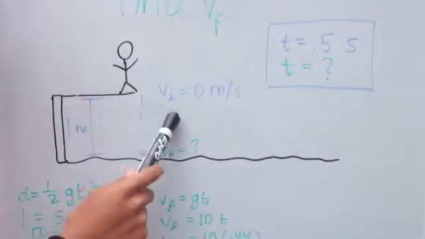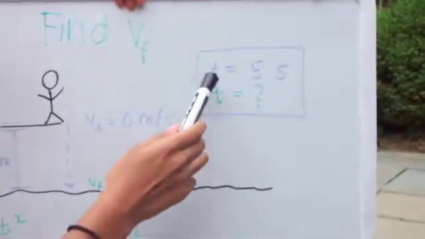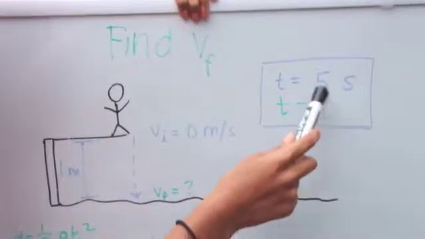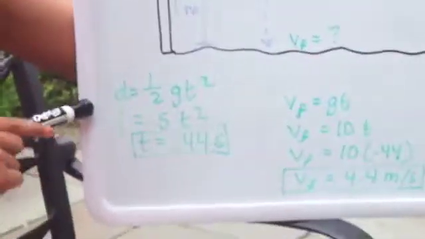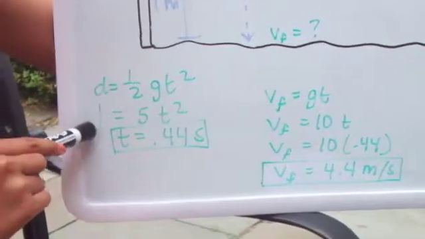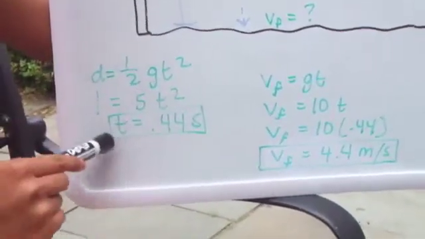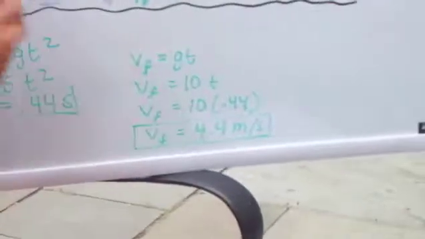Her initial velocity is 0 meters per second, and we calculated the time to be 0.5 seconds with a hand watch, but we can actually find the actual time since we have the distance using the equation d equals 1/2 g times t squared, which is also equal to 1 equals 5t squared, and we found time to be 0.44 seconds, which was pretty close to the time that we found.